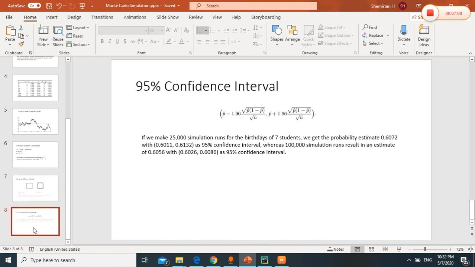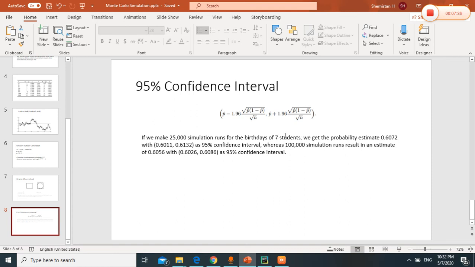Then let's come to the 95% confidence interval. Let's say P is the probability that an event occurs among n numbers. For example, let's say there are 25,000 simulations in another birthday problem, with seven people.